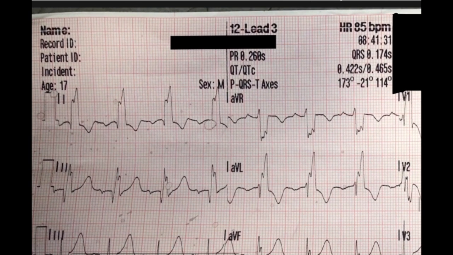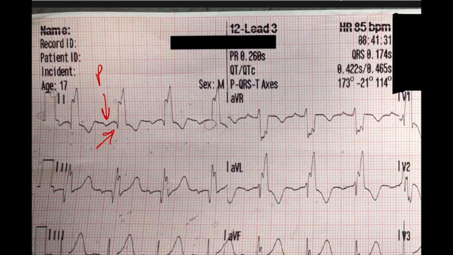Alright, let's look at lead 1. I always do that. We know lead 1 typically should have a positive P wave, but it seems here we have an inverted P wave. It's also not typical to have Q waves in lead 1. It's not part of that inferior view where Q waves are common.